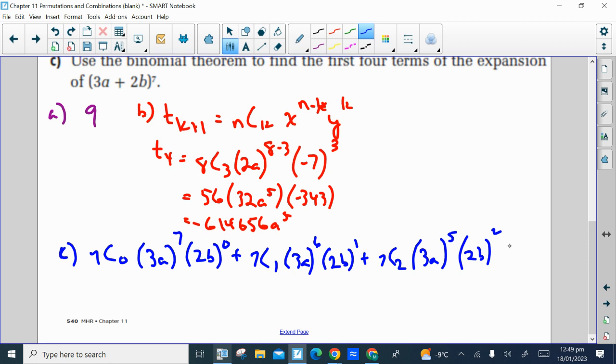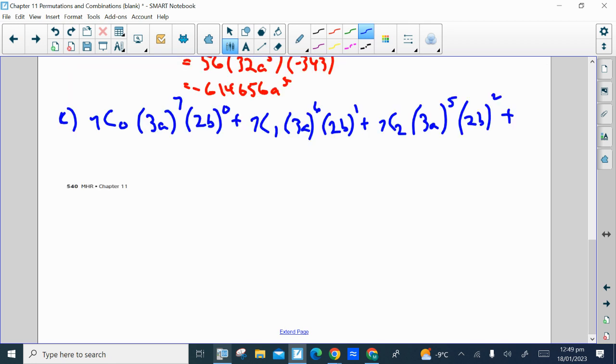So there's the first 3 terms. So now the fourth term would be 7c3. In this case, the value of k is 3, and it's 1 less than the term number. The power on 3a decreases by 1. The power on 2b increases by 1.